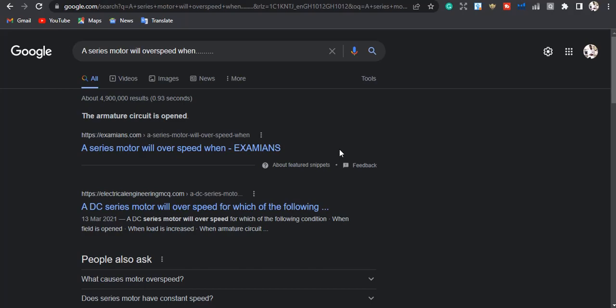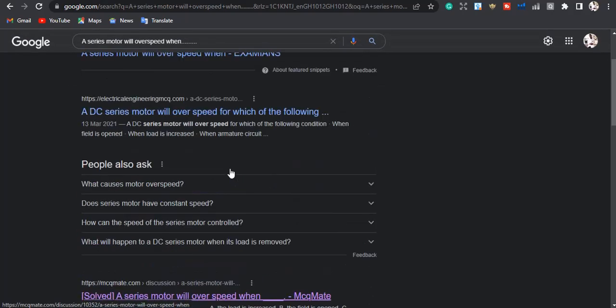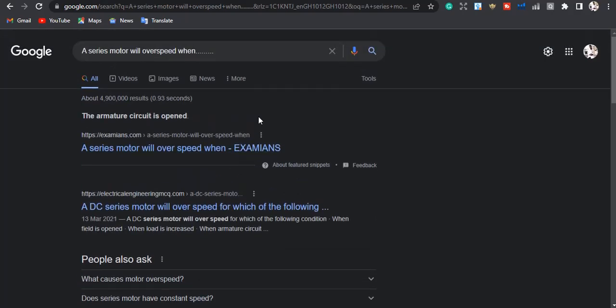So we need the entire solution to those questions. You can notice that this is an armature circuit is open, but the question is saying that a series motor will overspeed when. We want a page or a website that will give us the answer to this question and other similar questions.